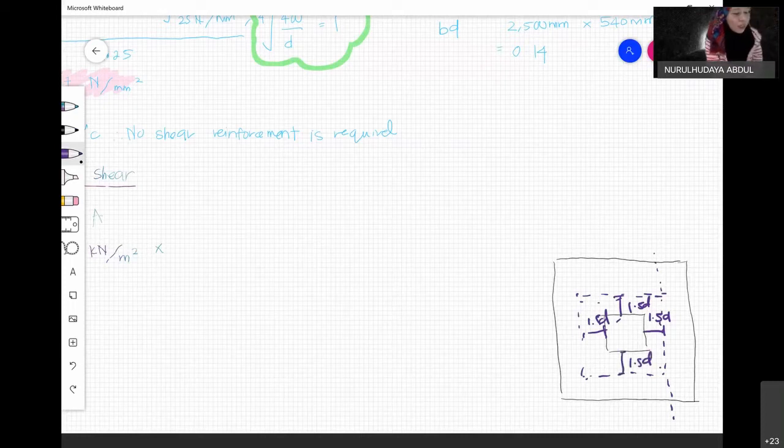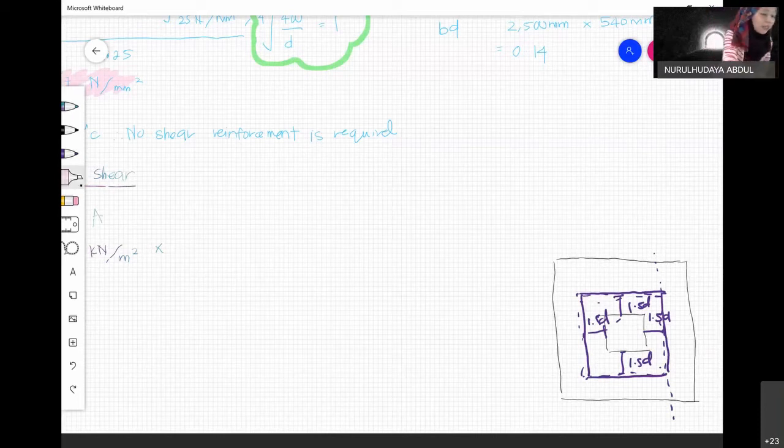Okay, so ini dia jadi peta lah. Jadi 1.5D daripada face of column. Okay, so area yang being affected is area yang colour pink ni. This is affected by punching shear.